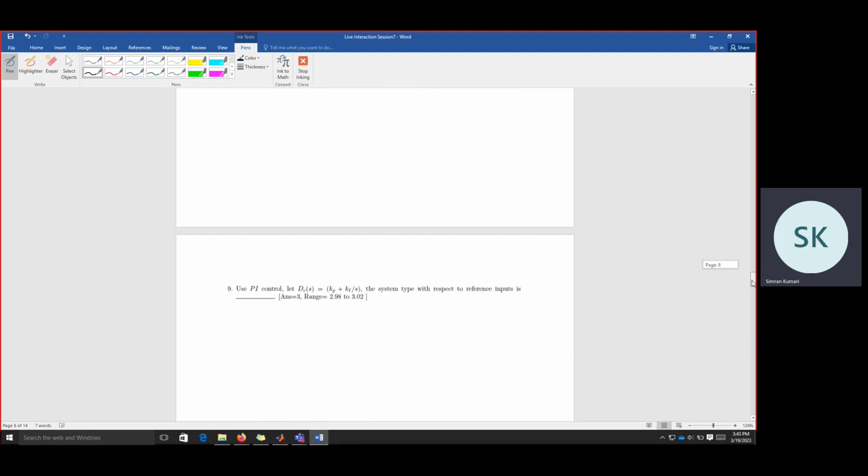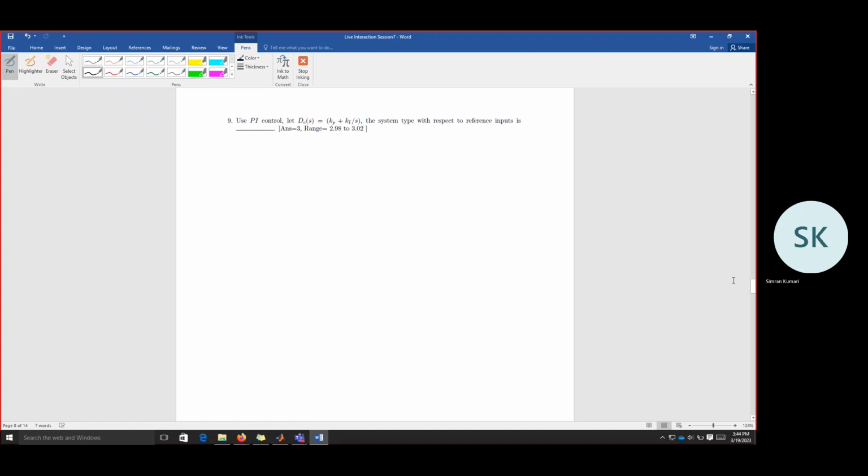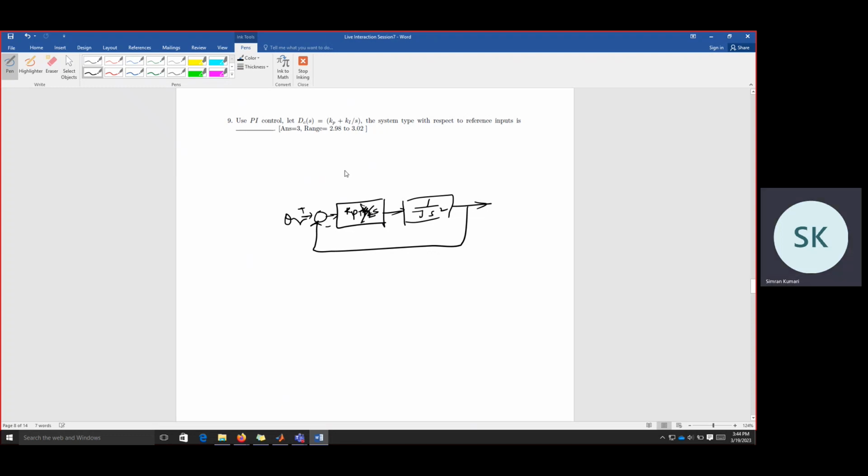Let us proceed to the next part. So now it is saying that if the controller is a PI controller, that is Kp plus Ki by s, what is the system type with respect to the reference input? So obviously, what you had was 1 by Js², and you have Kp plus Ki by s.